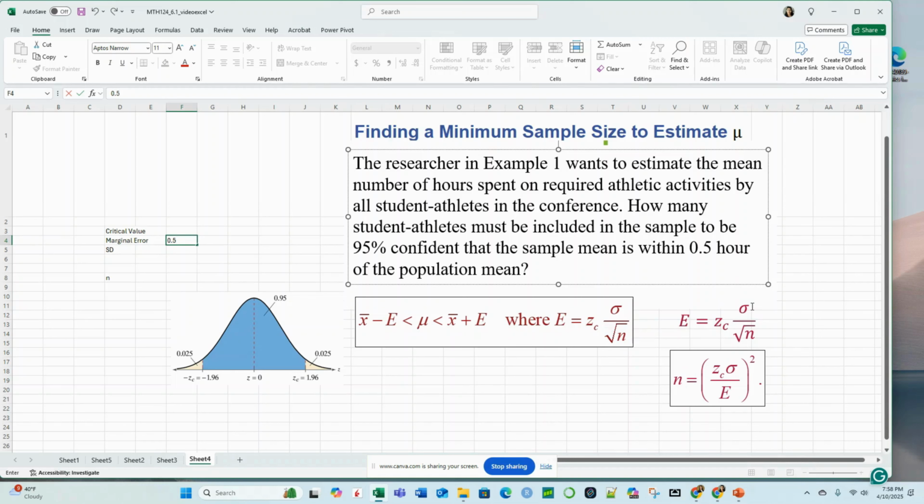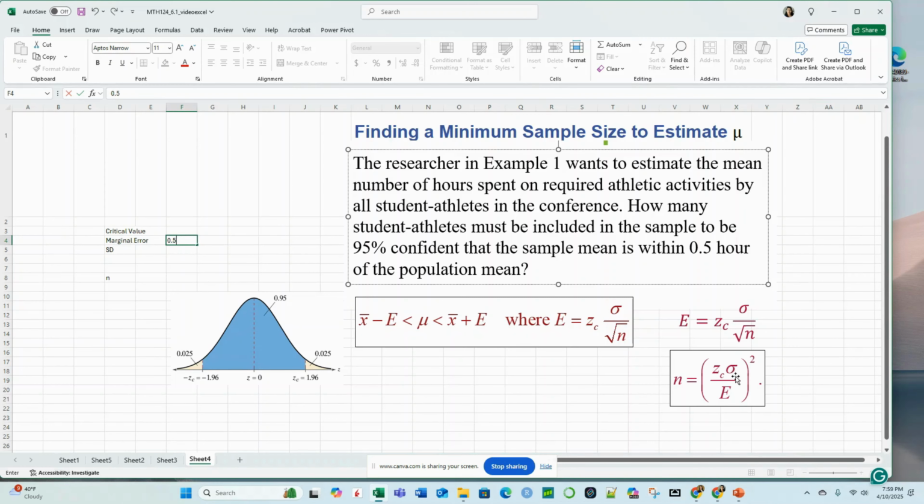We can use simple math to isolate n on the right side, then you can find this equation in order to find the minimum sample size n. That means you have to find the critical value given the confidence interval, and also substitute the population standard deviation and divide by the marginal error, then square it.